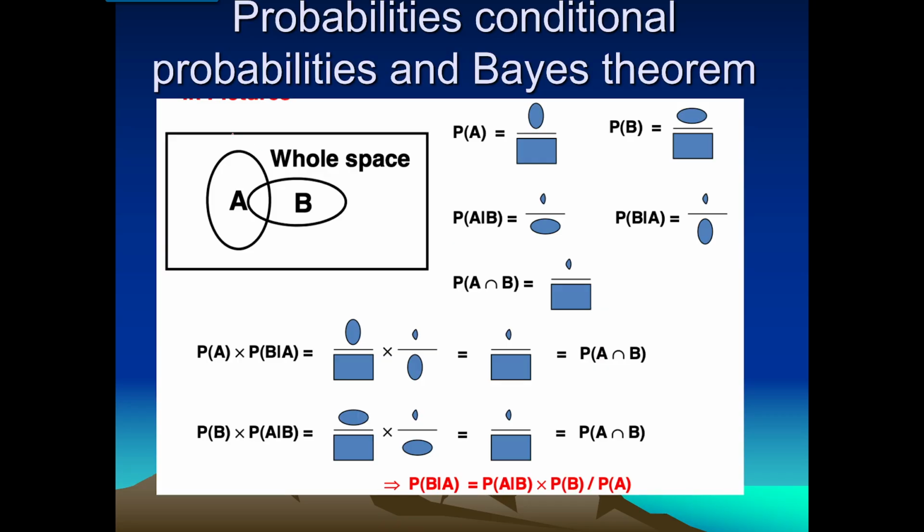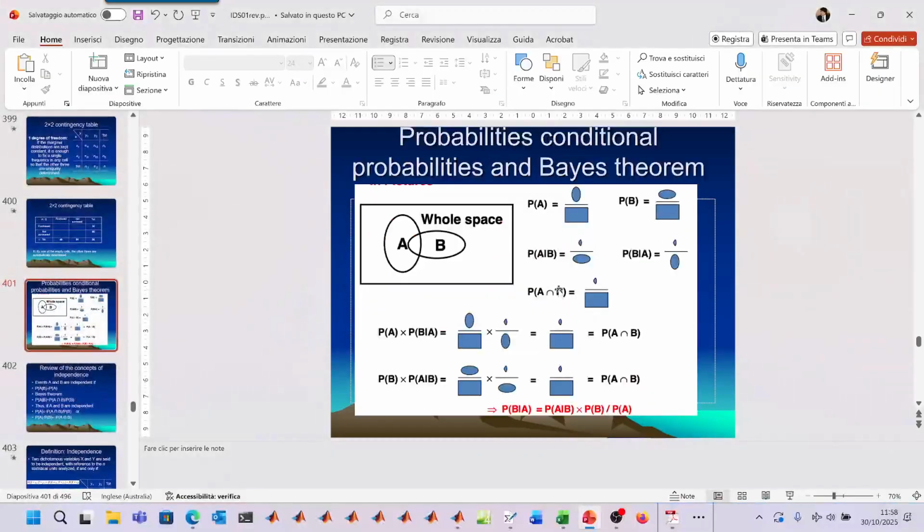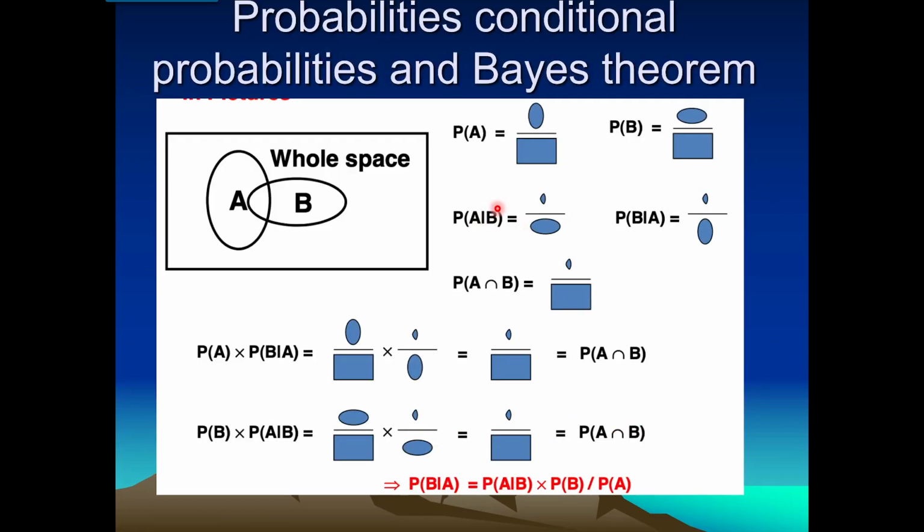now let us see. You understand the probability of A given B. If B took place, your possible space is the one of B. So the probability of A given B, these are the possible cases.